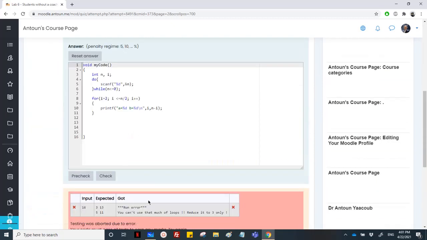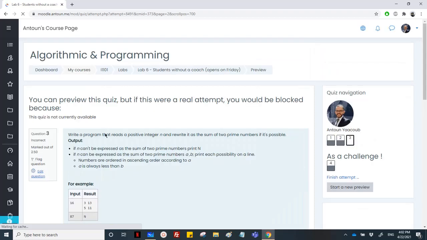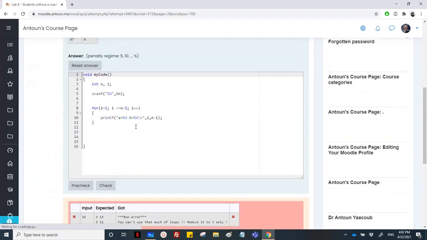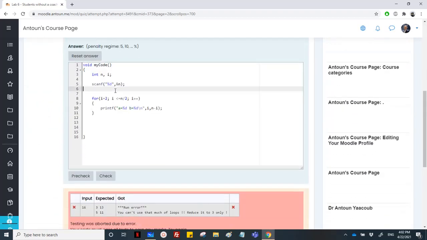You cannot use too many loops, so maybe I will remove this, or maybe we missed some loops, because obviously I need to do some optional loops inside. I will check it. So I need 3 loops only, excuse me. So those are my 3 loops. Let me do some empty loops just to let the compiler pass my code, for i equal to 0, i less than 1, i plus plus.